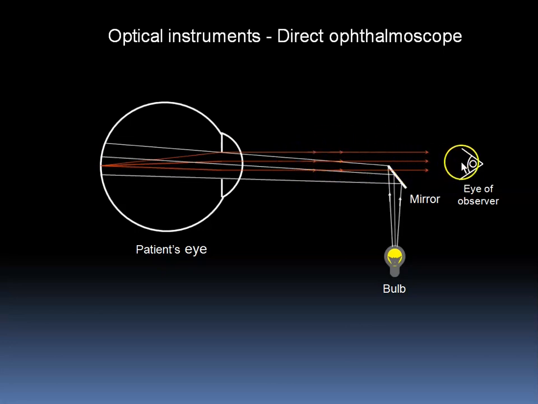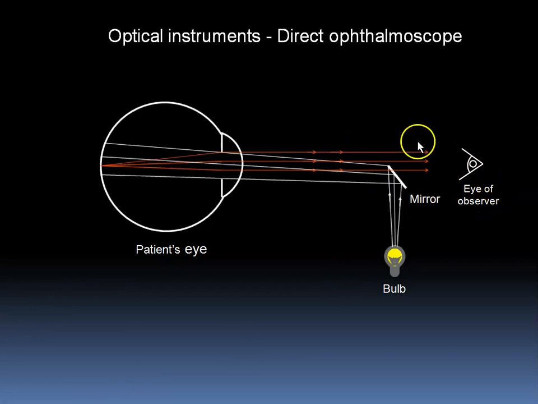These rays then enter the eye of the observer. If the patient or the observer have an eye error, this can be compensated for with a lens in the retinoscope device to create the equivalent situation seen here.